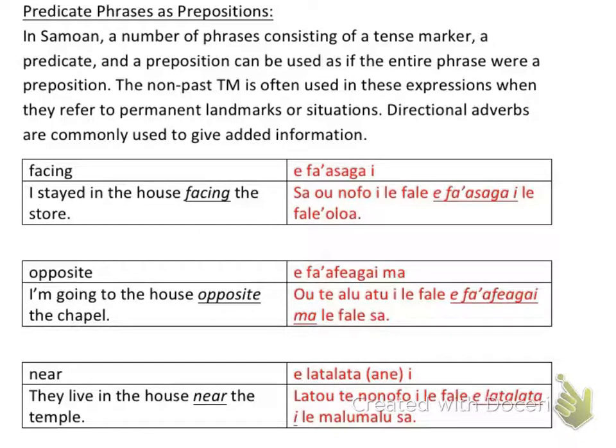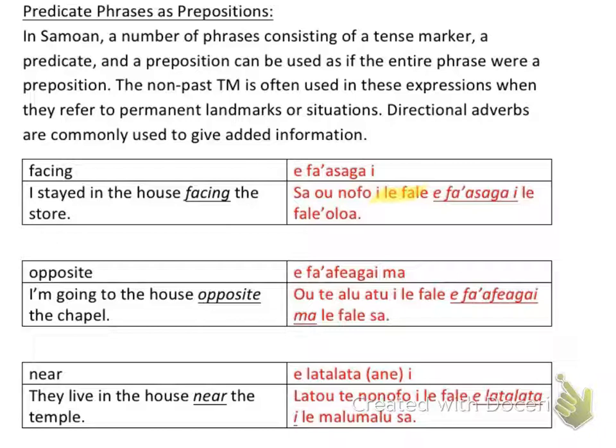Sa o nofo i le fale e fa'asanga i le fale oloa. So you'll see your basic sentence structure here. You have a tense marker, then I have my doer, then I have my verb or predicate phrase, and then I have i le. That is a prepositional phrase, and i le fale is an extension of that prepositional phrase. I le fale.